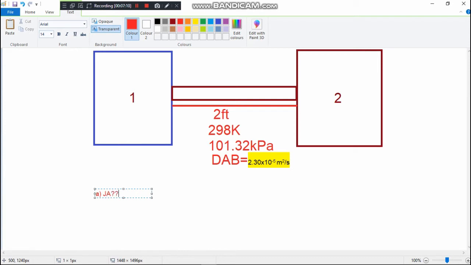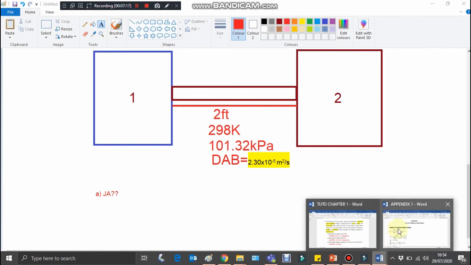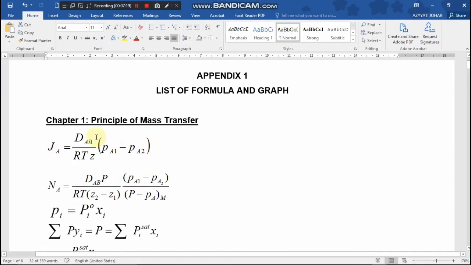How do we solve this one? It's very easy, as we know that it is equimolar counter diffusion. You copy this equation onto your paper, and then you substitute all of the information given from the question inside this equation. Again, repeat the same thing: put the values, put the units, show the unit cancellation, and press the calculator carefully.